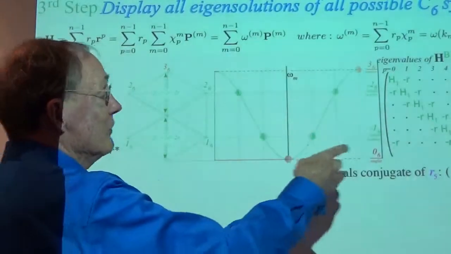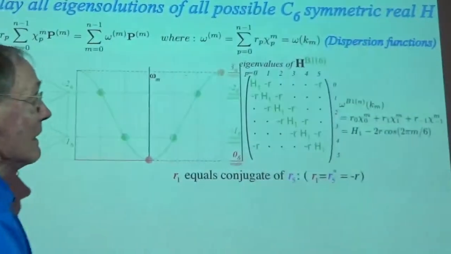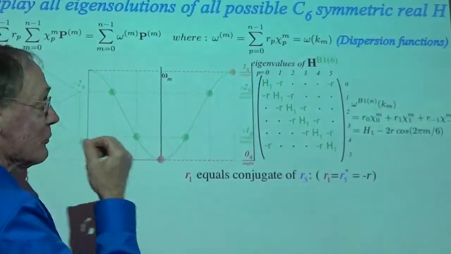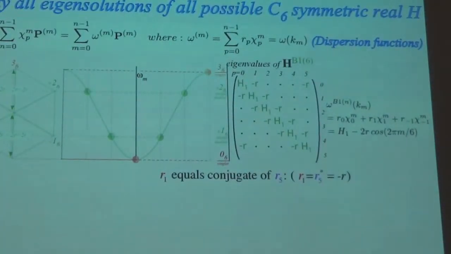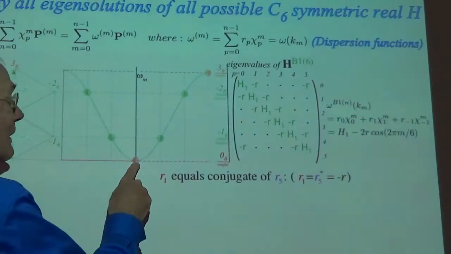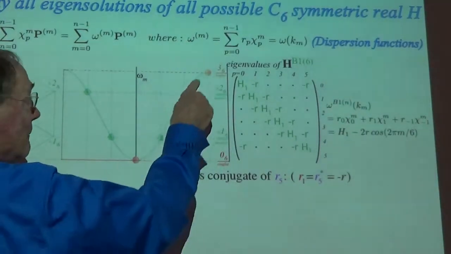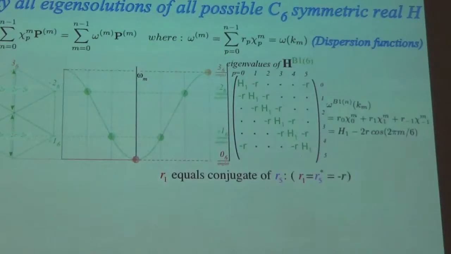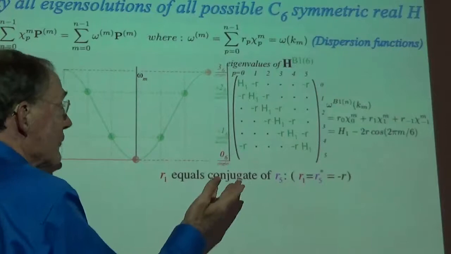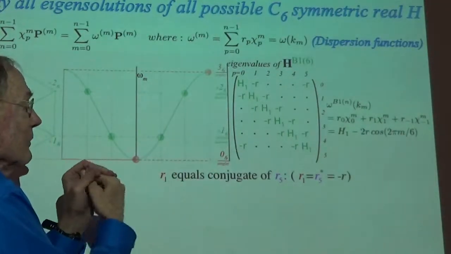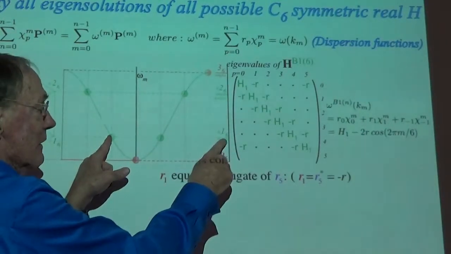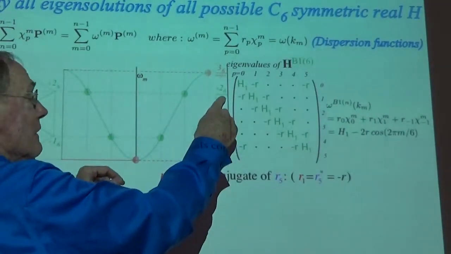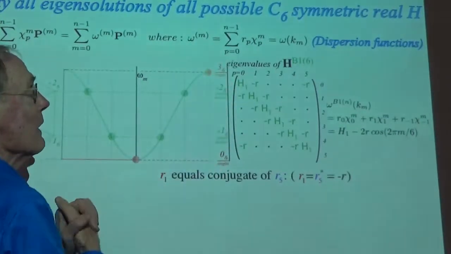But the actual energy that you have is this thing. Okay? Here we're plotting it with H1 being 2r, so that I get a 0 right here at the start, and then I come up. Okay. All right. Well, that means that this spectrum, like the one that we had with the three-bodied object, has a double degeneracy here, and then another one, and then a single at the Brillouin zone.